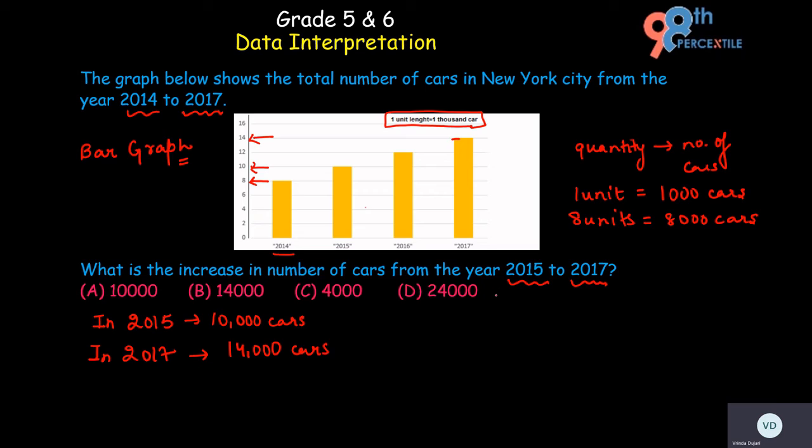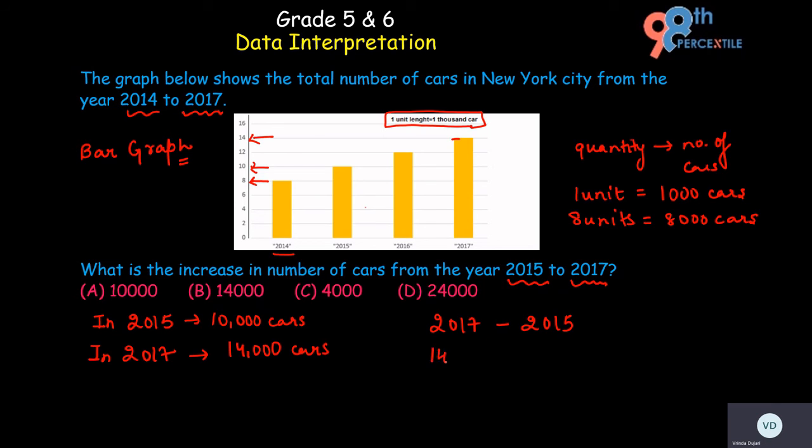Now what is the increase in number of cars? To find the increase, we just need to subtract the number of cars that were there in 2015 from the number of cars that were there in the year 2017. So number of cars in the year 2017 minus number of cars in the year 2015.